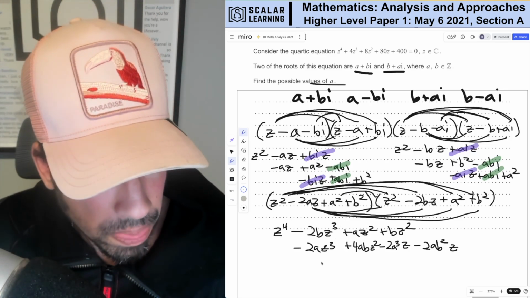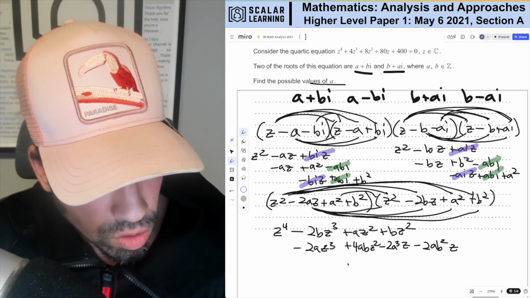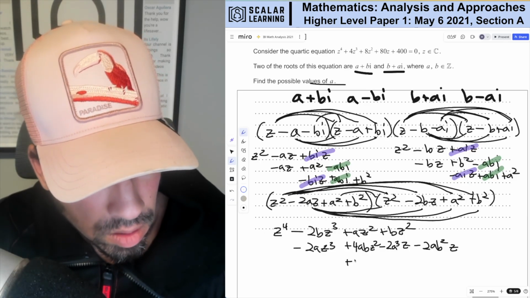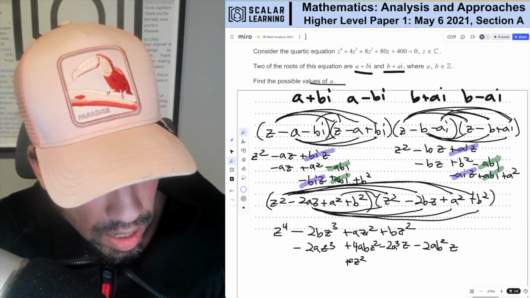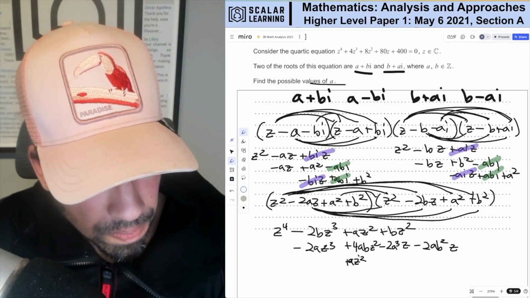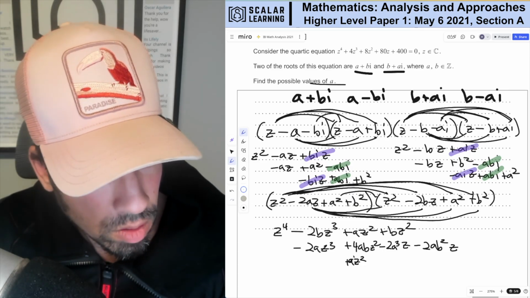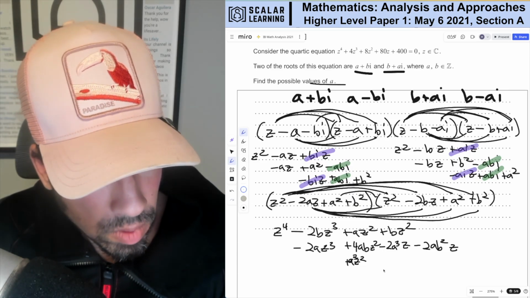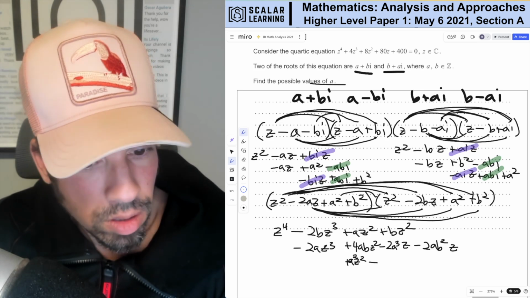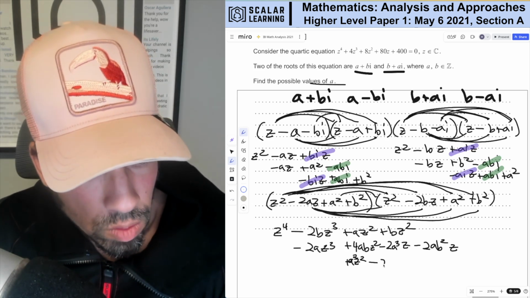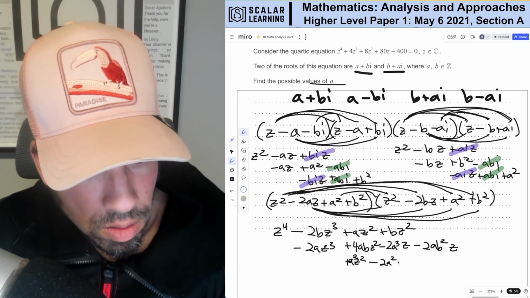Okay. All right, next we've got the a squared multiplying. So we've got a squared z squared, and then minus 2a squared bz. Oh my gosh, this is so crazy.